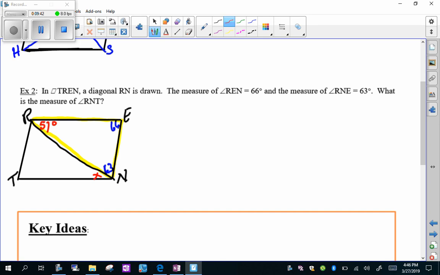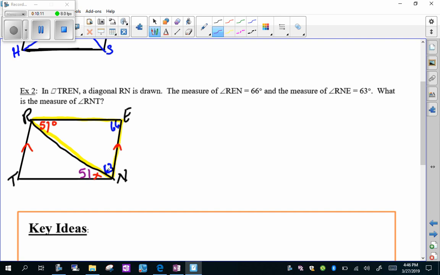Now, I know that these sides are parallel, so I know this line RN is a transversal. So if this angle is 51, then the alternate interior angle needs to be, let's go purple, 51 degrees.